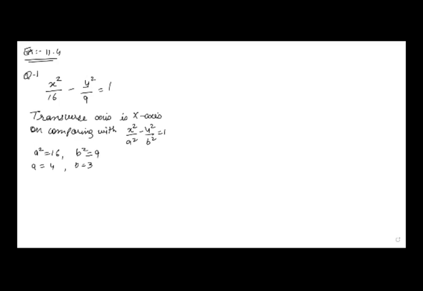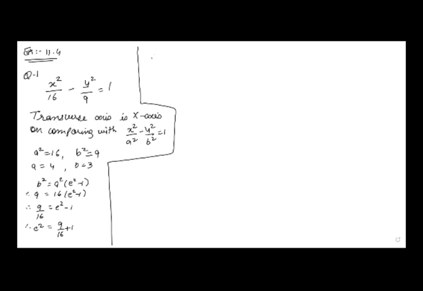We'll find the value of eccentricity using the formula b square is equal to a square into e square minus 1. So here 9 is equal to 16 into e square minus 1. Therefore 9 by 16 is equal to e square minus 1. Therefore e square is 9 by 16 plus 1. Therefore e square is 25 by 16 and e is 5 by 4.